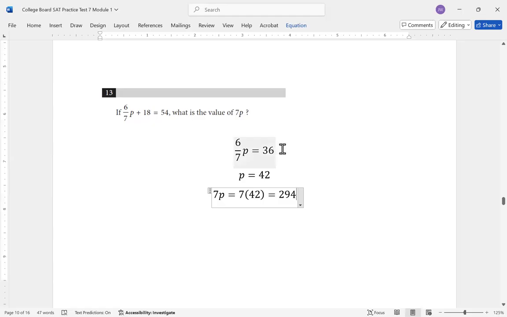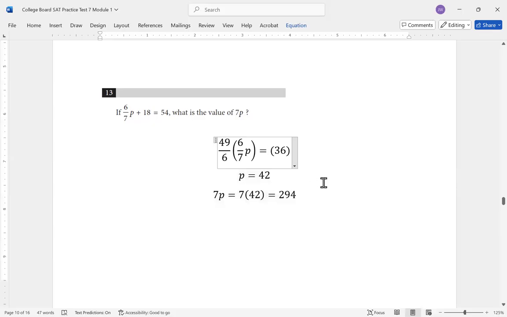Again, I went from this step to p equals 42 by multiplying by 7 over 6. It turns out if you would have multiplied both sides by a different number, that different number being 49 over 6, 49 over 6 times 6 over 7 gives me 7p.